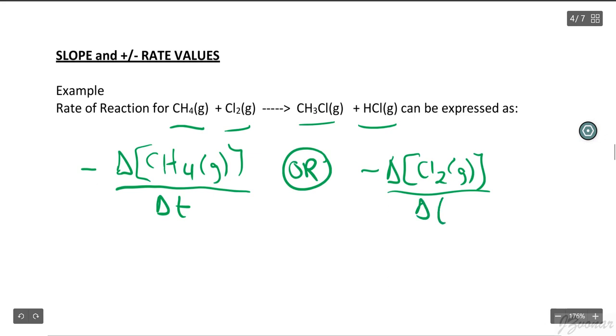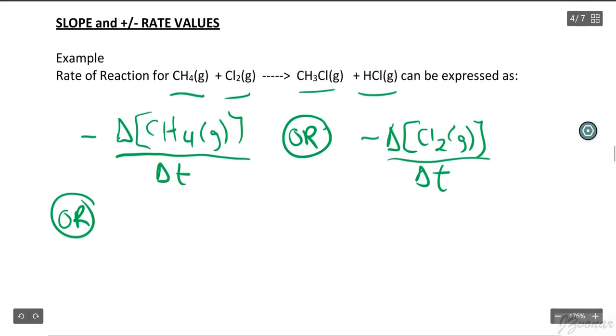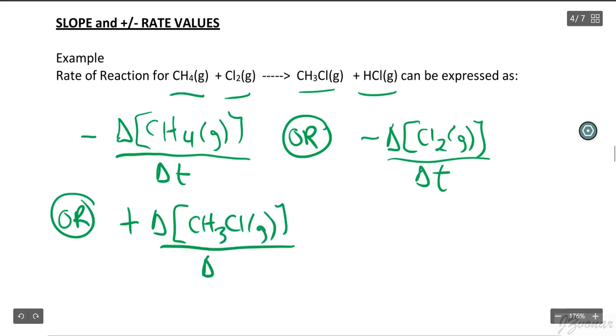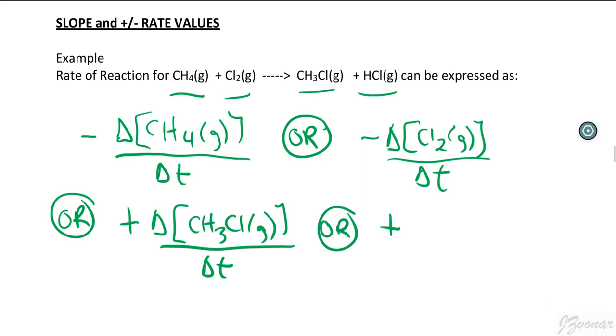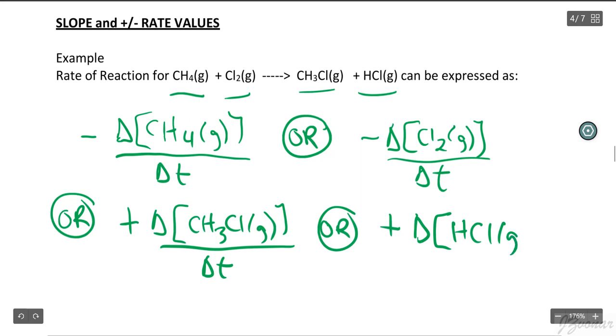Or we can also express this reaction rate with respect to the production of products, which is going to give us a positive value. So it's the change in the concentration of CH3Cl over time. Or it can also be described with respect to the production of HCl over time.